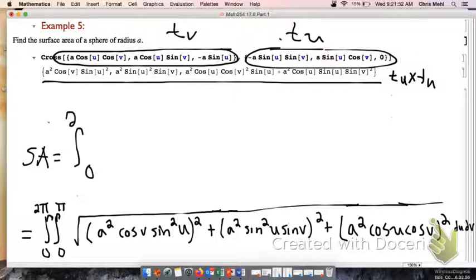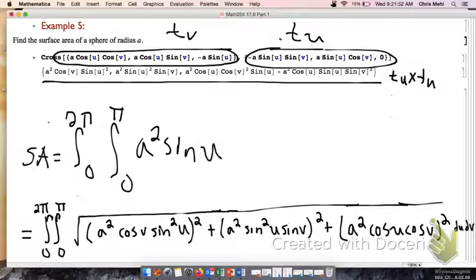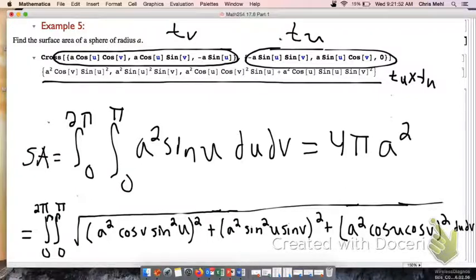It's exercise 70 if you want to do this. But as messy as that radical looks, I'd claim it really just becomes a squared sine u du dv. And I'll let you verify this on your own, but this becomes 4 pi a squared.